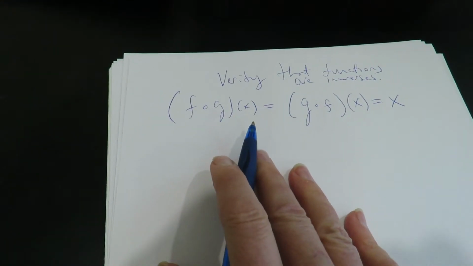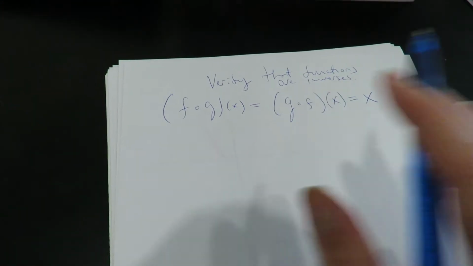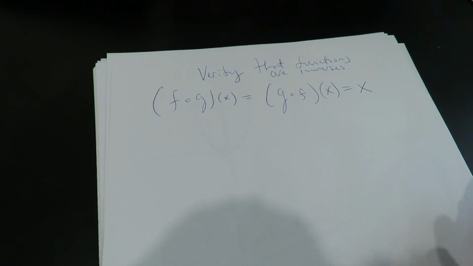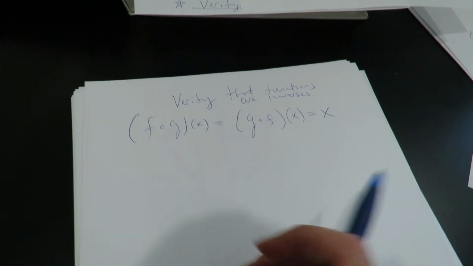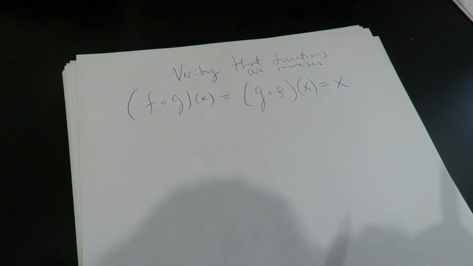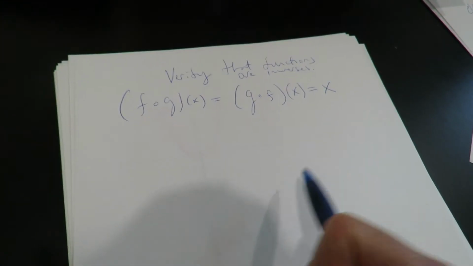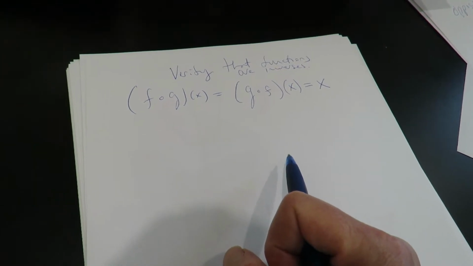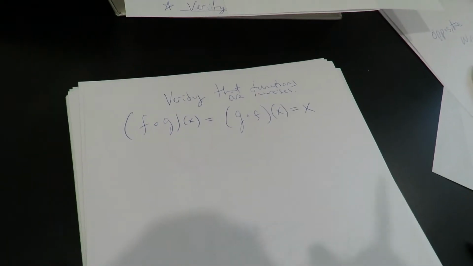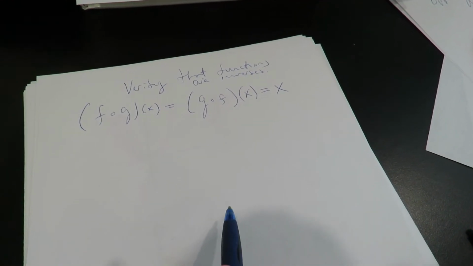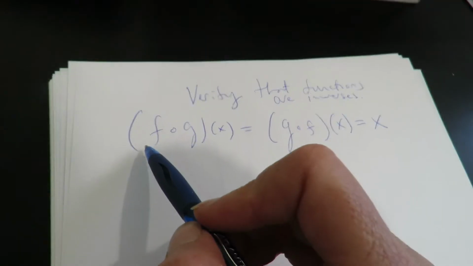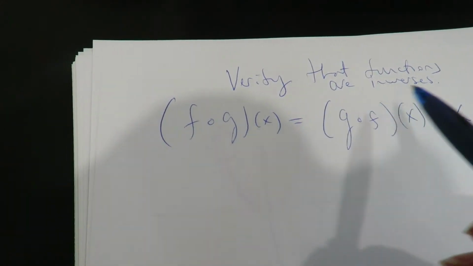What this says is that if you do something to a function, the inverse should undo it. If you apply both the original and the inverse, they will totally undo each other because they're opposites. Like if I wrap a gift and then I unwrap a gift, I have the original. So technically you're supposed to go in both orders. That's what this is saying.